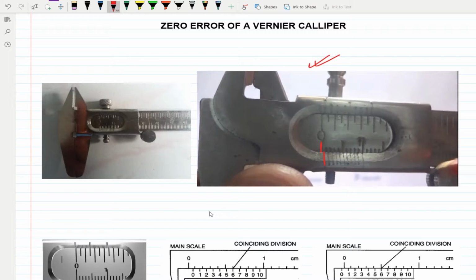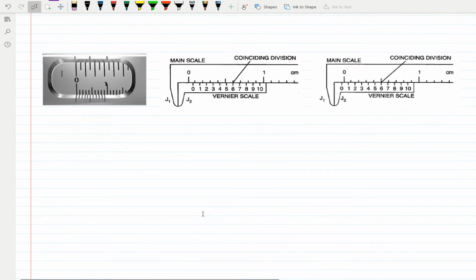Okay, so this error which results due to mechanical shocks or wear and tear is called zero error. Now you can see ideally we should be having the first case over here, that the zero of the vernier coinciding with the zero of the main scale. In this case there is no zero error, so we say zero error, or you can say ZE is nil.